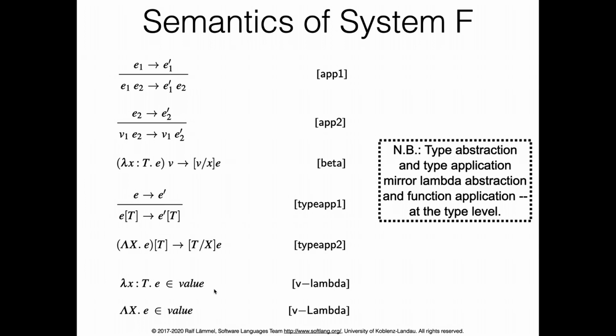And here the last two rules just remind us that we have two value forms now. As previously, of course, we have the value form for small lambdas, and now big lambdas also provide a value form.